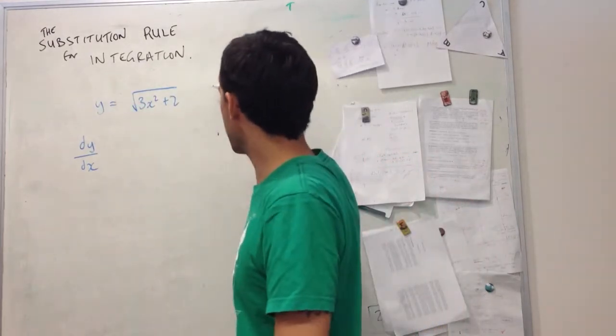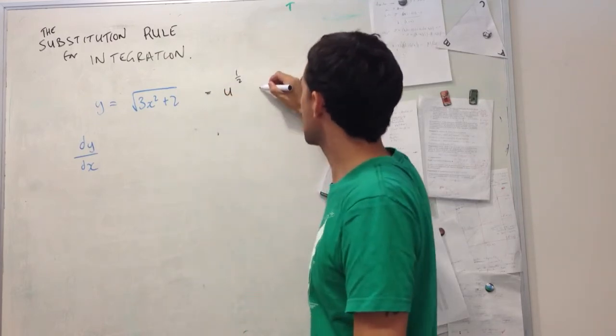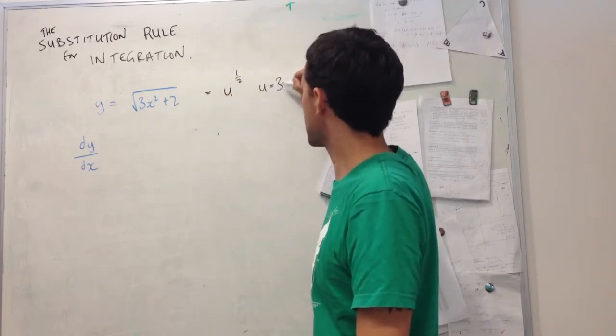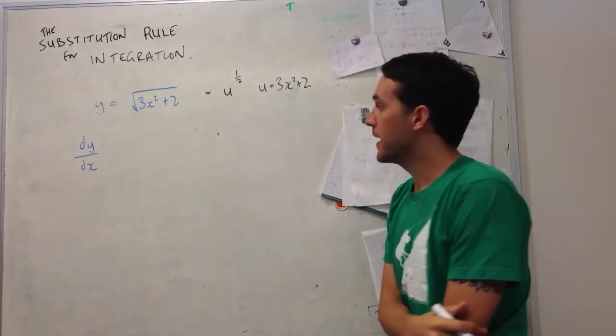So we say that this equals u to the half, where u equals 3x squared plus 2.